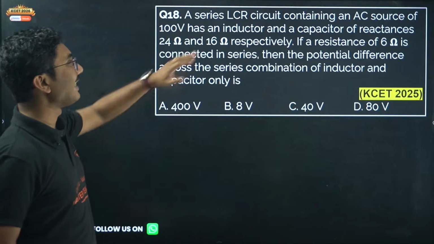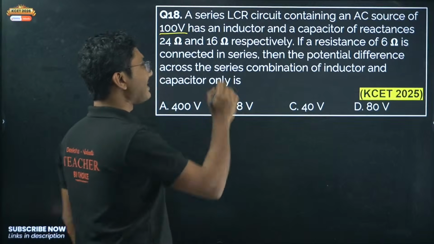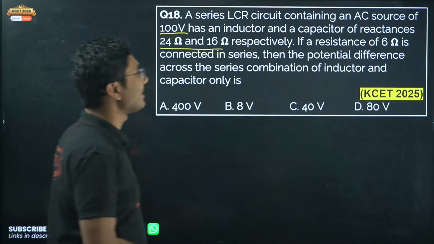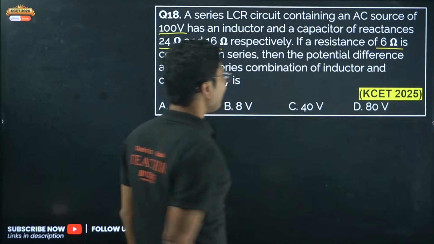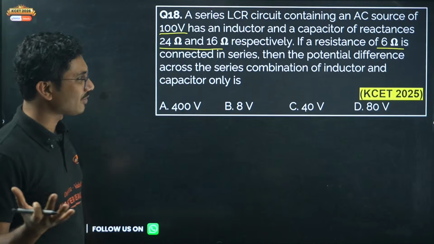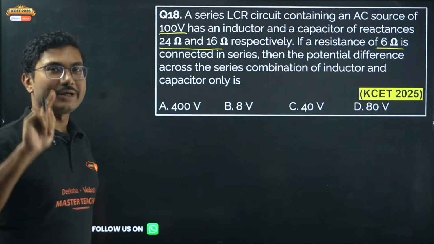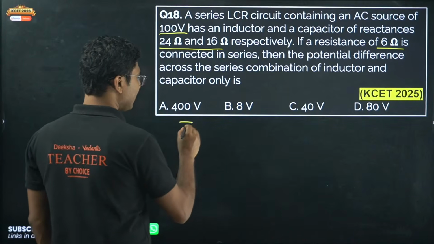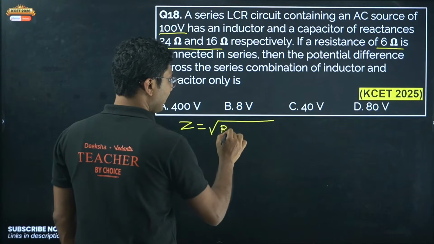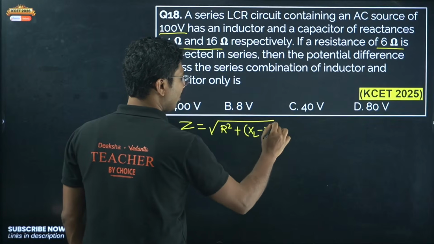So we have an LCR circuit, 100 volt is the source, inductive and capacitive reactances are already given as 24 and 16, so you don't need to do any mathematics for that. Resistance is also given, and they ask for the potential difference across the series combination of the inductor and capacitor. The first step is to calculate the impedance. What is impedance? Impedance is given by the square root of R squared plus (XL minus XC) whole squared.